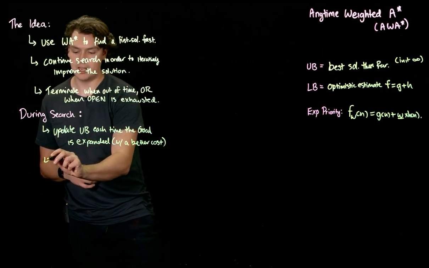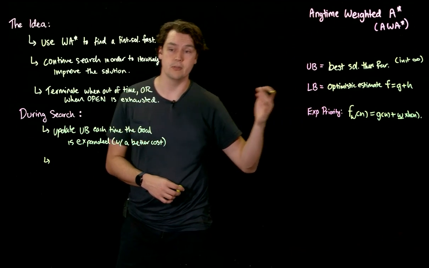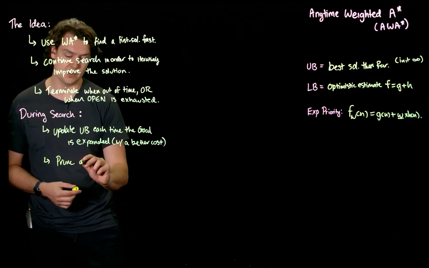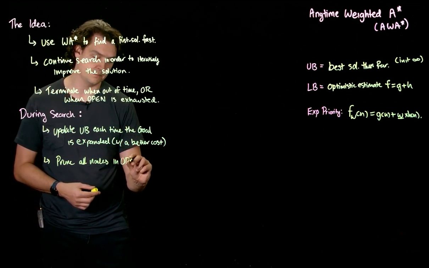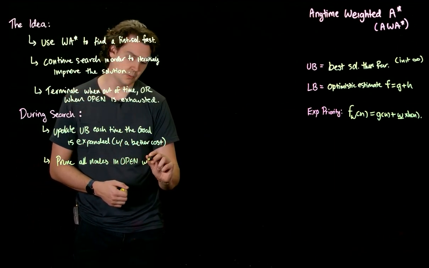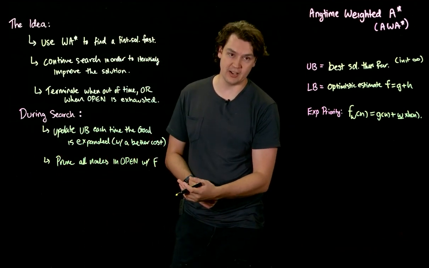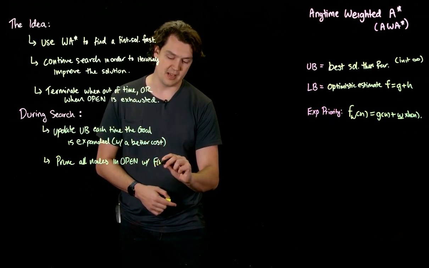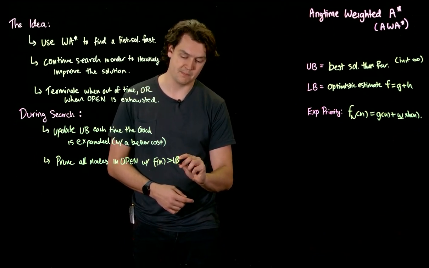As we do that, the main idea is that we get to prune by the upper bound. So we are going to prune all nodes in open with their actual F costs, not FW, with F of n strictly greater than the upper bound.